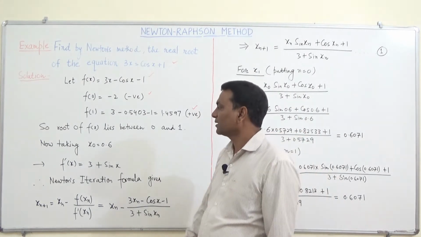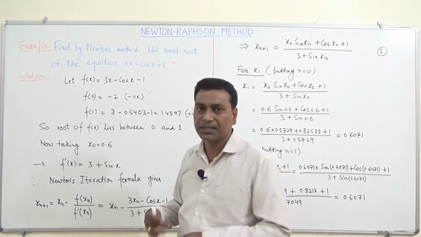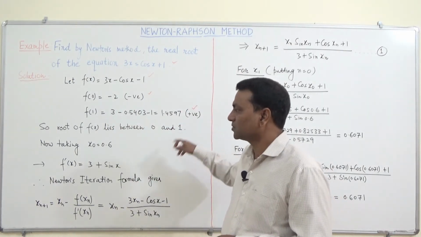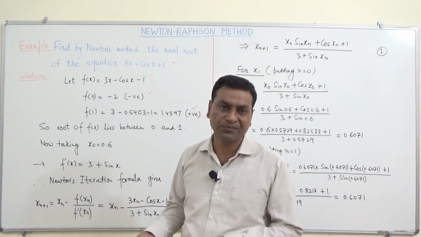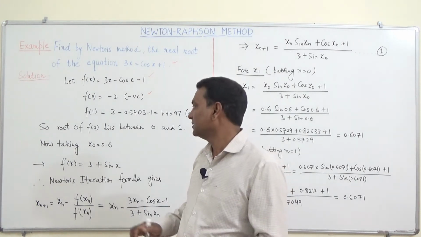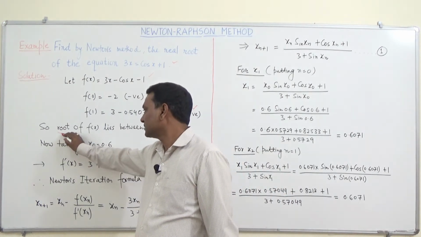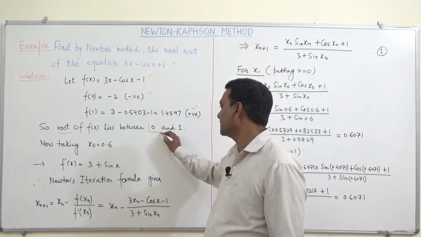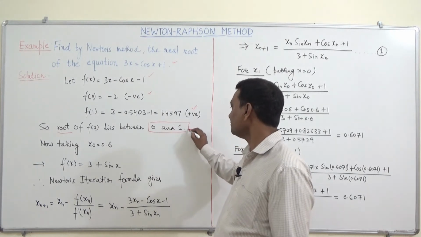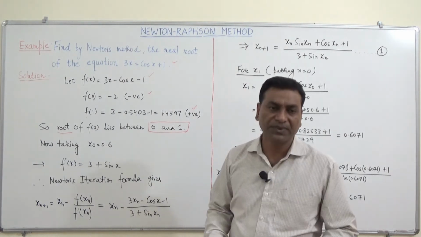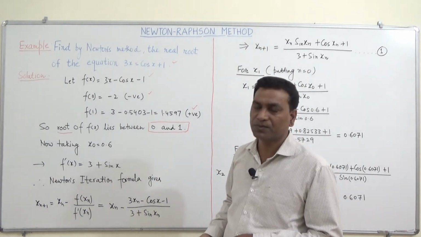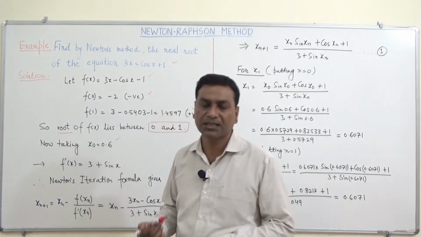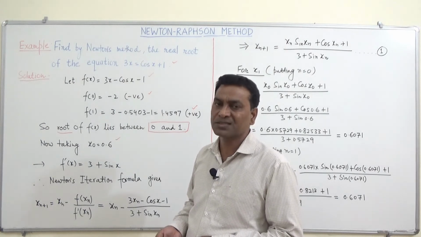So we can say at f(0) we are getting a negative value and at f(1) we are getting a positive value. So we can say the desired root will lie between 0 and 1. Now we are assuming the value x0 as 0.6.